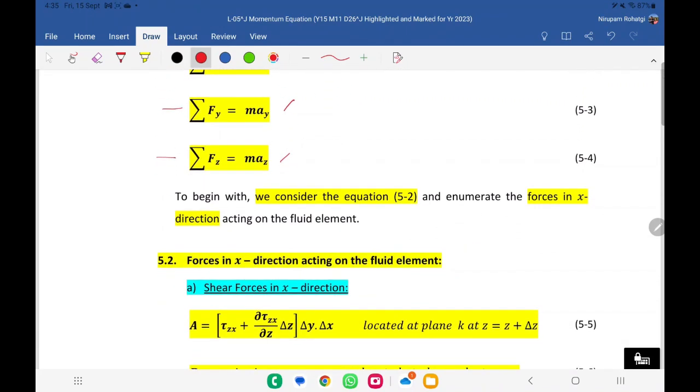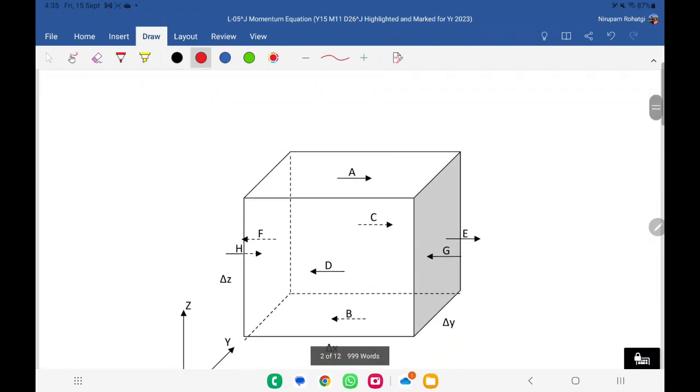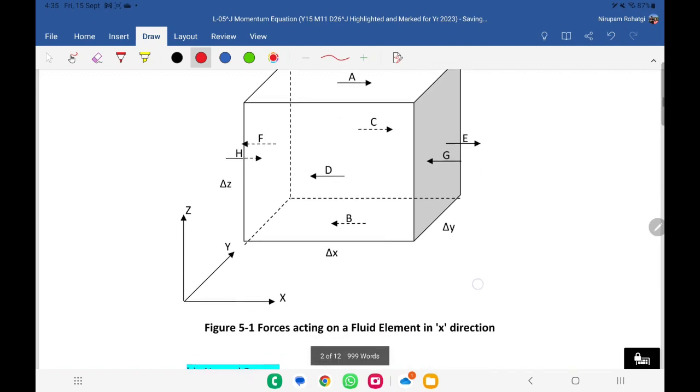Now what we do is, we take this, forces acting on it.